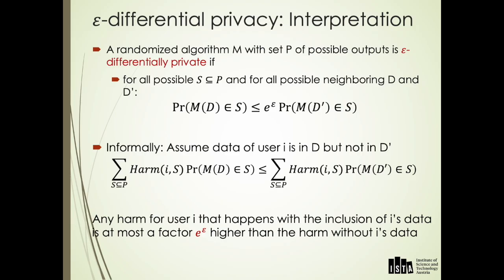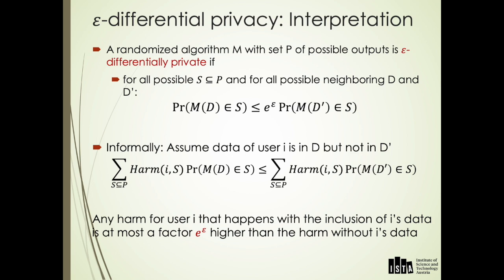Now, why is this useful to have this definition? Again, informally, assume that the data of user I is used in database D, but not in D prime. Then you could write down the harm for user I if the output was S, and multiply this with the probability that the output was S. And now you can sum over all possible S. So here you get the exact expected harm that you have if I's data was used in the database. And you can do the same thing for D prime, where I's data was not used.